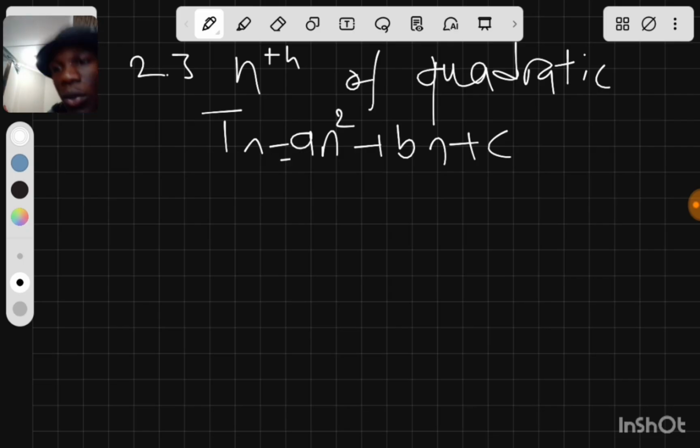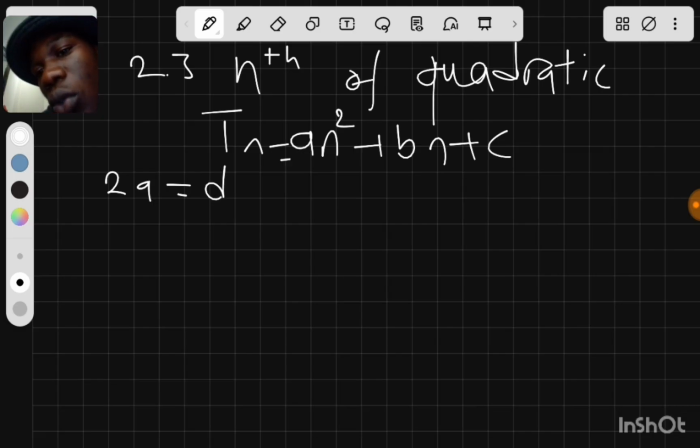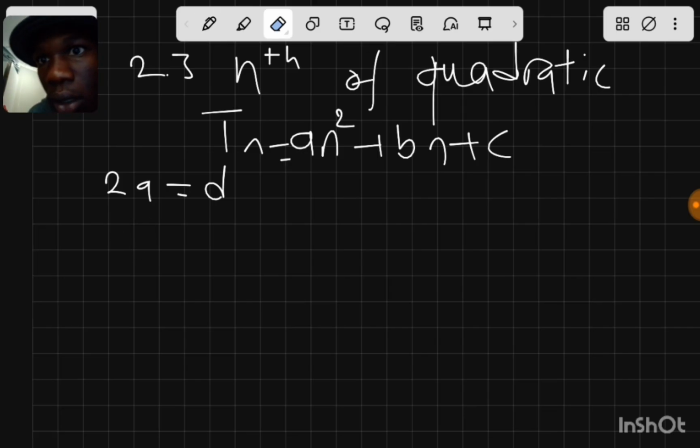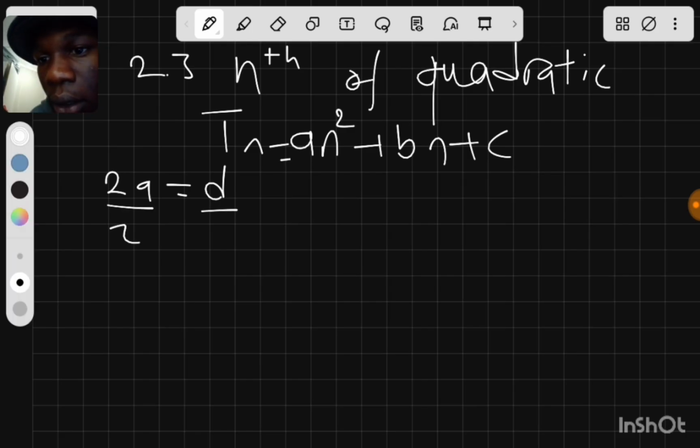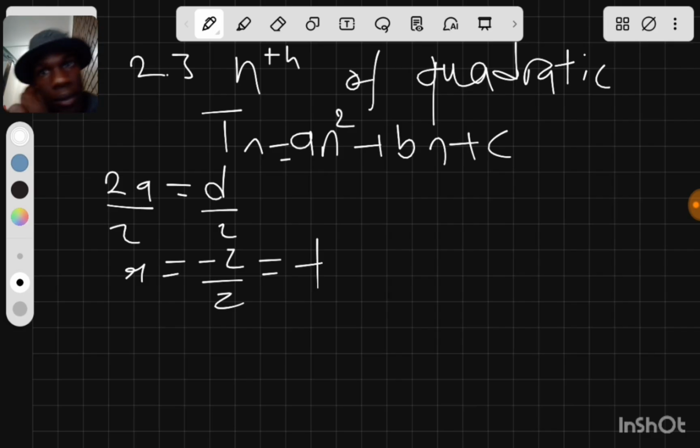We know that 2a is equal to d, and our d is the second difference. So we're going to divide both sides by 2. Then a is equal to negative 2 over 2, which gives us negative 1. That's a. A is negative 1.